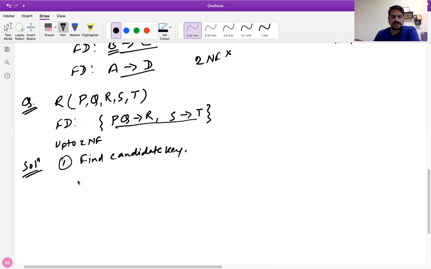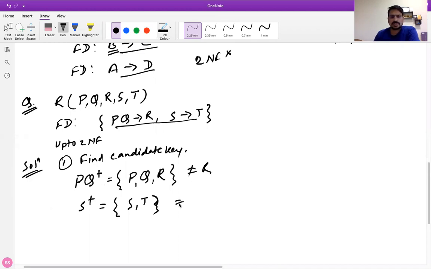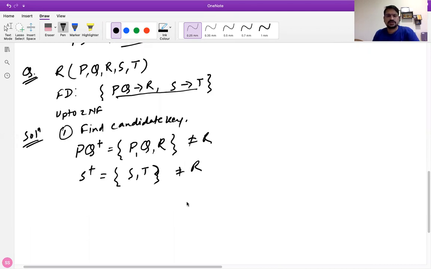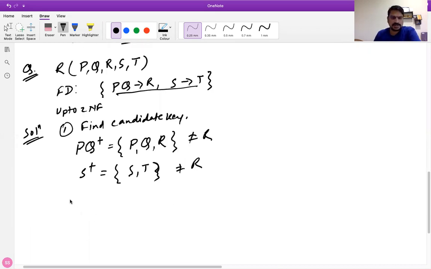The first functional dependency is PQ determines R. So we'll find PQ closure first. We'll get PQ and R. That's all. Second one is S closure. So we'll get S and T. That's all, which is not equal to R. It is also not equal to R. So we add some more attributes. Let's say we add P, Q, and S together.